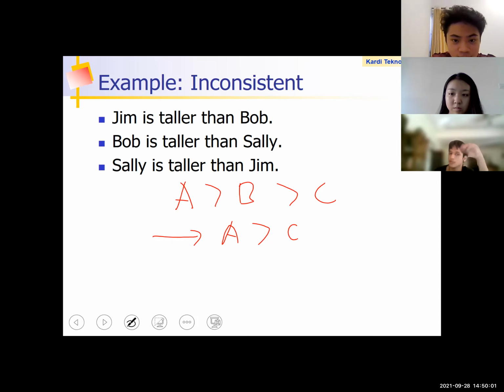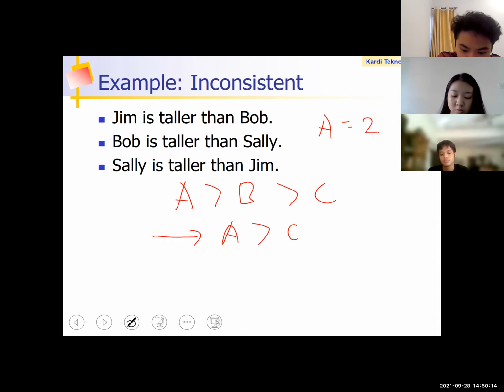Cherry. Okay, let's see. I like apple 2 times more than banana, so A is equal to 2 times banana. Now I put numbers.